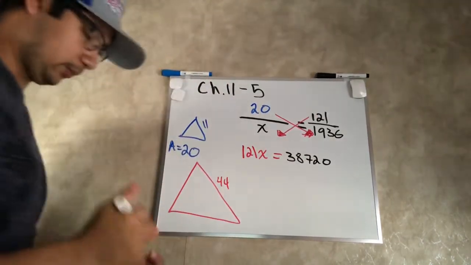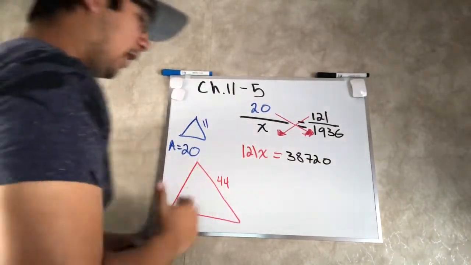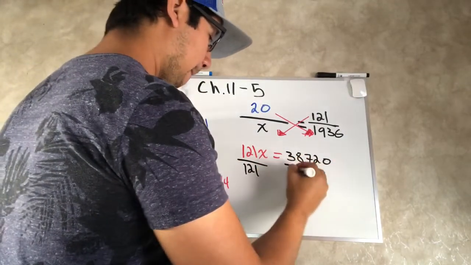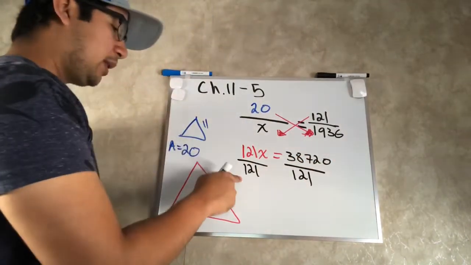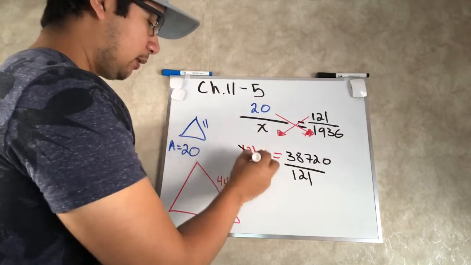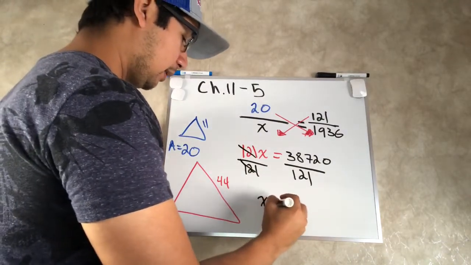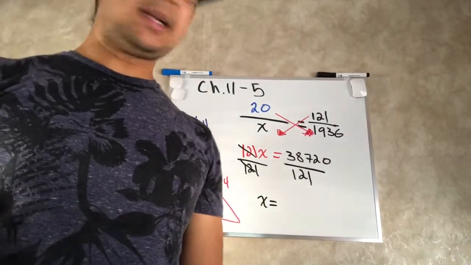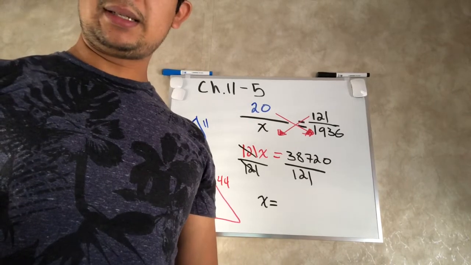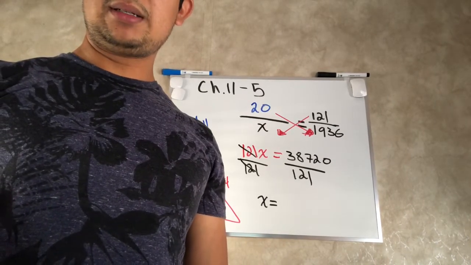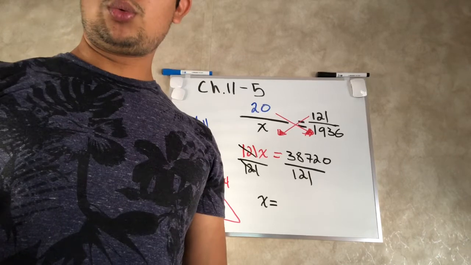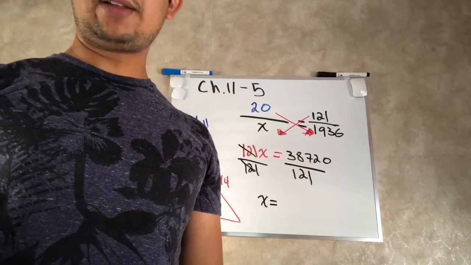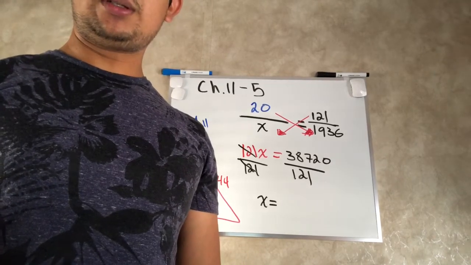38,720. And then all you have to do is just divide by that 121. So divide both sides by 121. 121 divided by 121 gives you 1, right? So we're left with x equals 38,720 divided by 121.